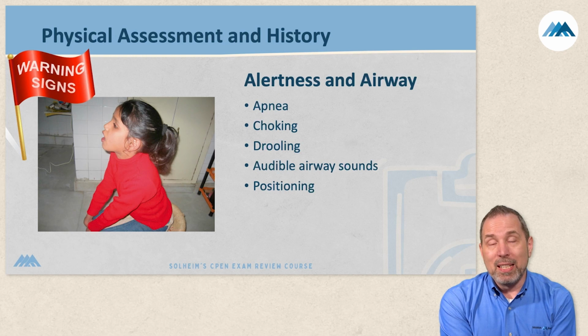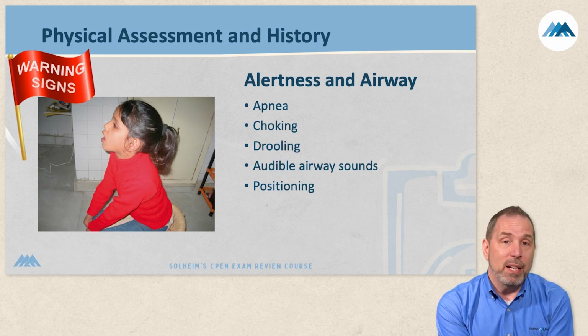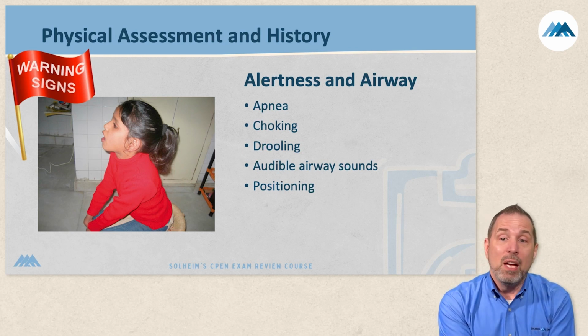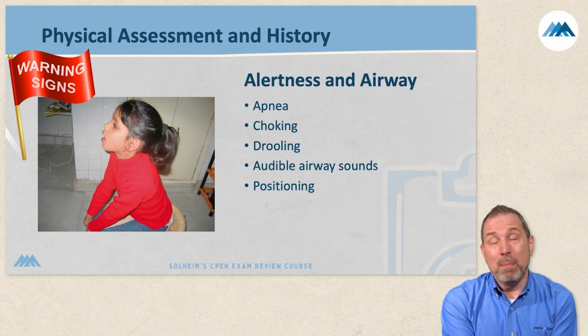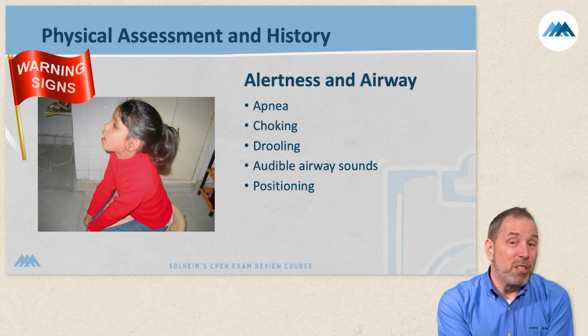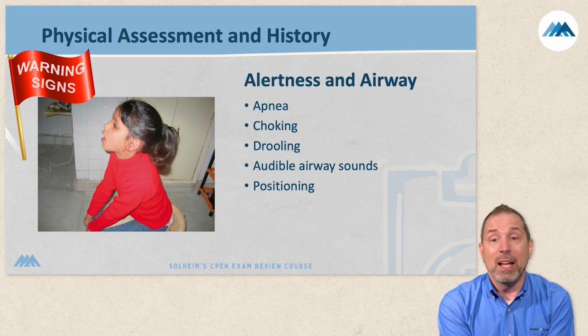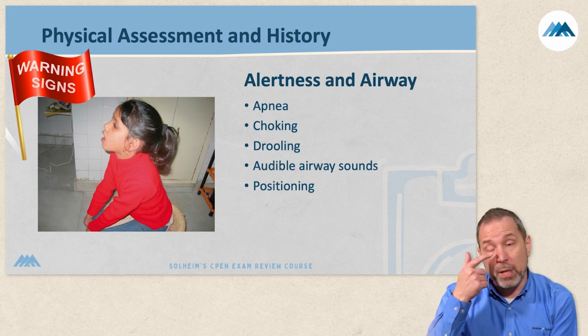So not breathing, is this a neonate that might have some sort of neurologic finding? Is that also related to some sort of adventitious breath sounds? Maybe there's an obstruction. Maybe they're fatigued. Maybe they have some sort of congenital heart defect and they just are fatigued. They're out of energy. So watch for what is leading to it.